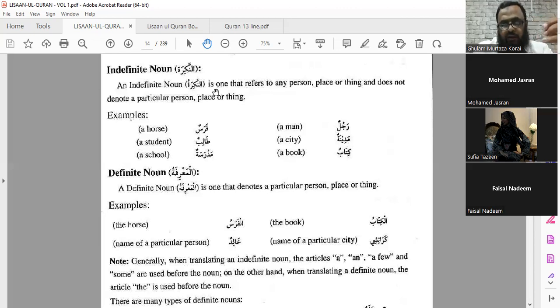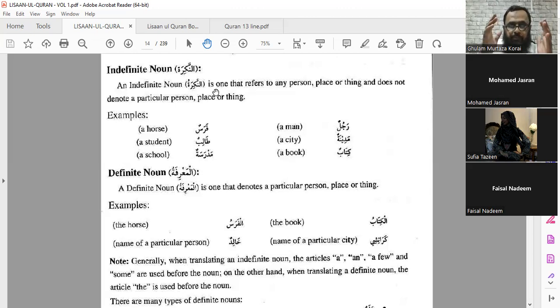So I talked about a nakira, meaning a name that is shared by a class of persons, places, or things, like I told you about man, city, book, horse, student, school, etc. That is common, meaning shared by that class of people, things, or even places.